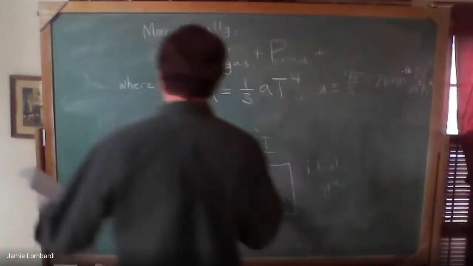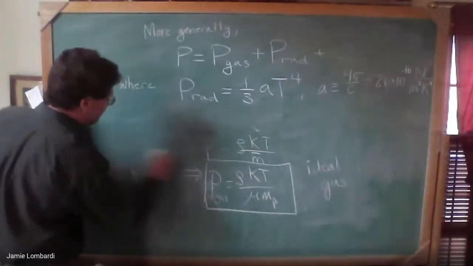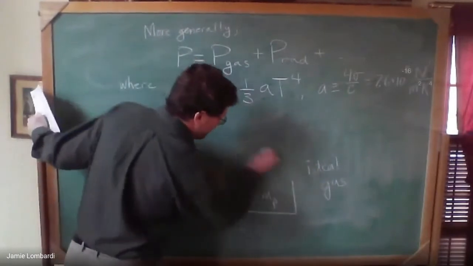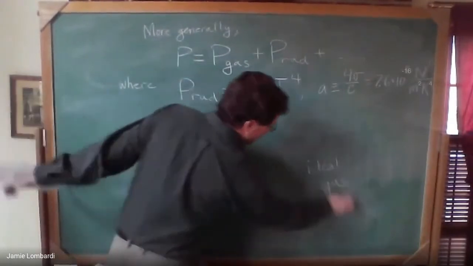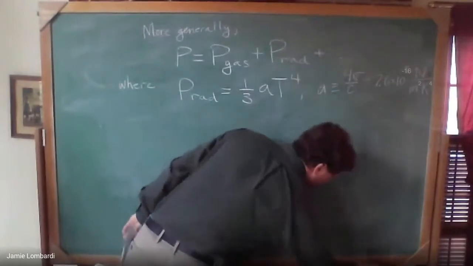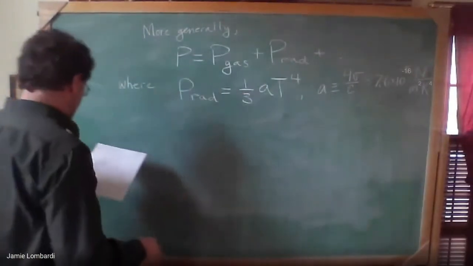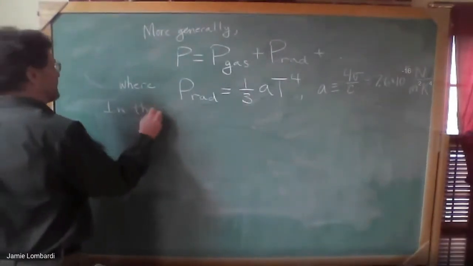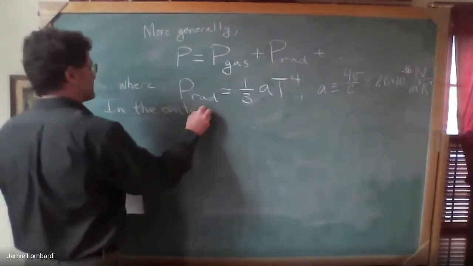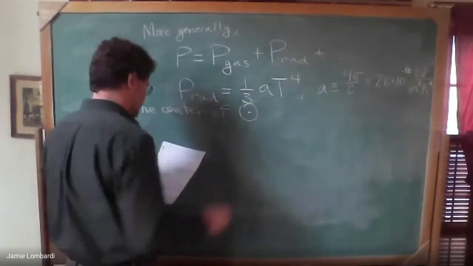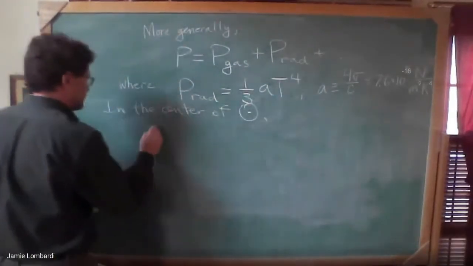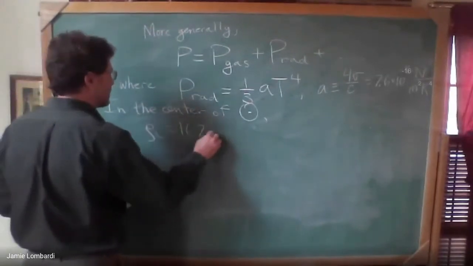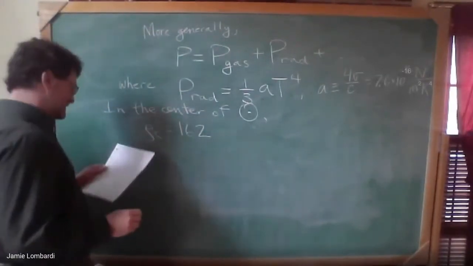You might wonder, okay, well, let's take the sun, for example. How good of an approximation would it be to simply use the ideal gas expression for the pressure everywhere? And so let's find out by doing a simple calculation. In the center of the sun, the central density is about 162 grams per cubic centimeter.